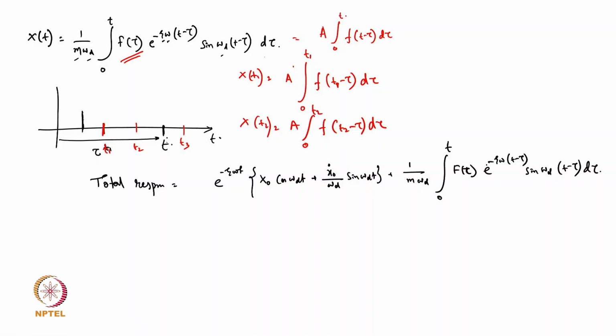That is the total response of the structure. Very simple. This portion we already understood, and this is that part. And what is the first part? First part is the complementary solution of the system.